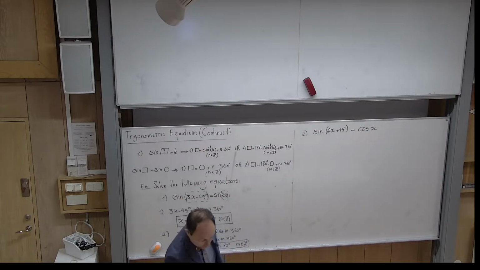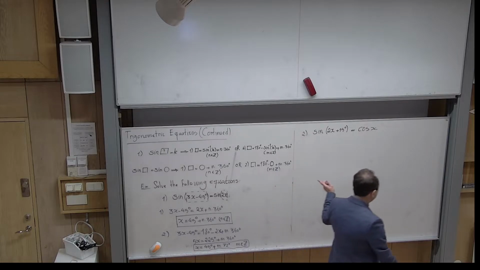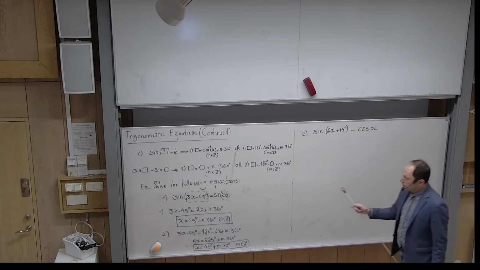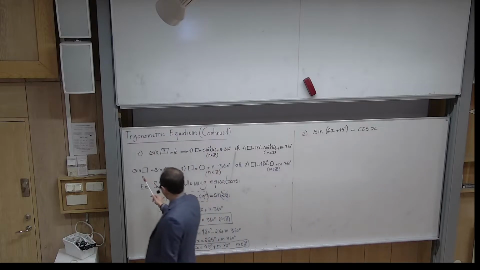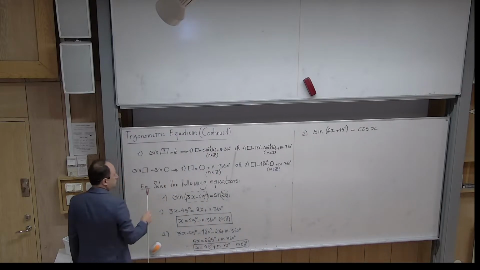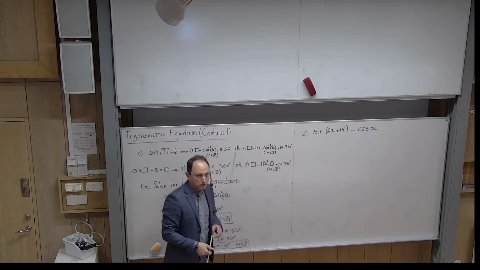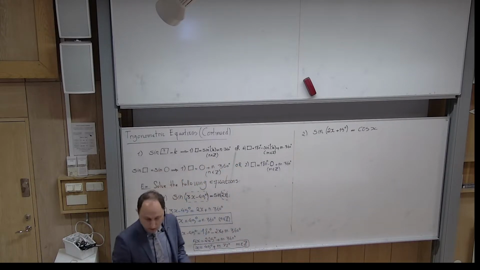This is clearly not the standard equation that we have here, because the standard equation that I am talking about today is equality of two sines. But on the left-hand side here, I have sine, and on the right-hand side, I have cosine. But I think you will know the remedy for that.